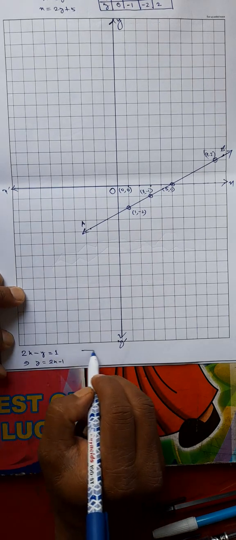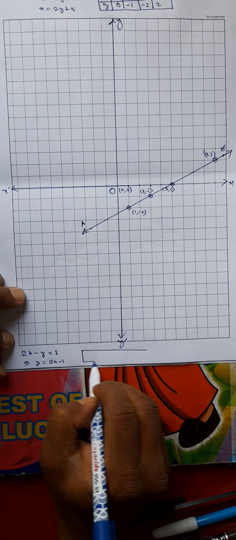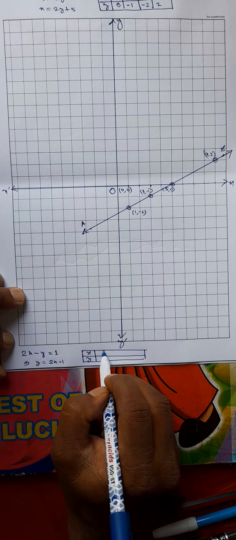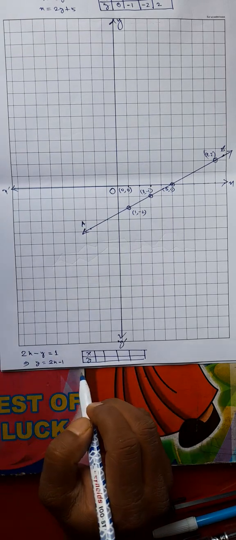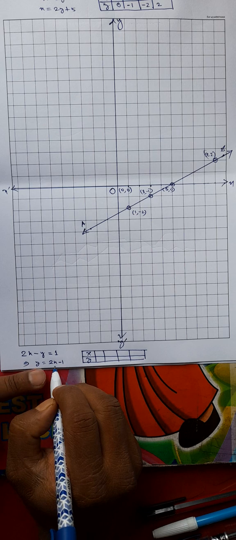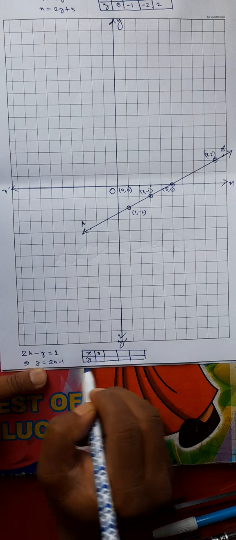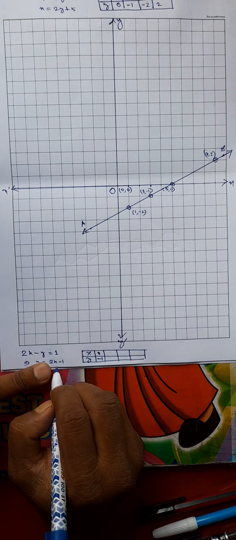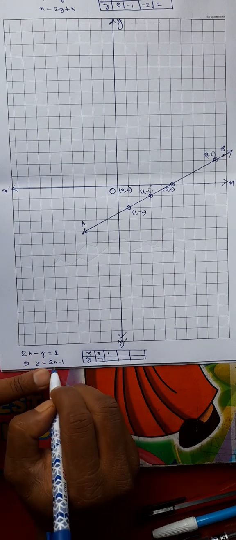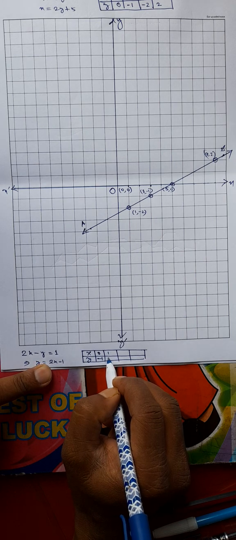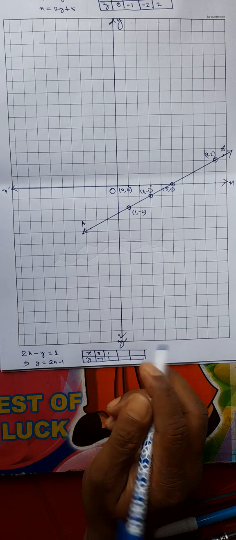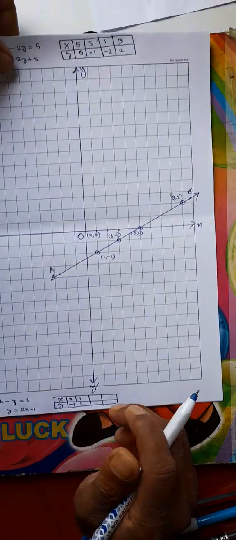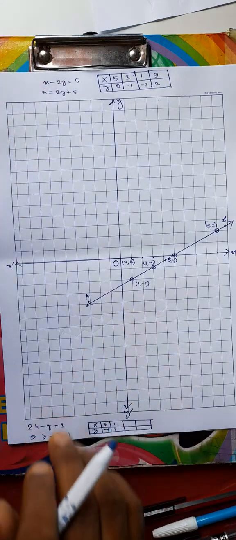Now let us find a pair of coordinates which will satisfy this equation. So you try to find a few points. Say when x equal to 0, what would be y then? Minus 1. When x equal to 1, what would be y then? y equal to 1. So we find only two pairs of solutions for this equation. Now let us represent them in the graph.